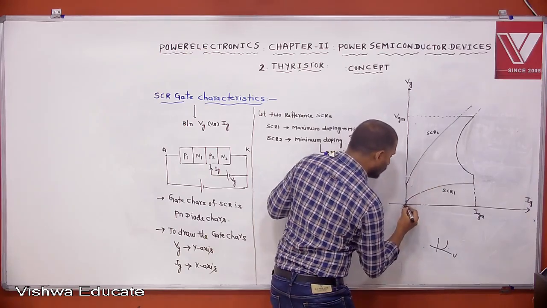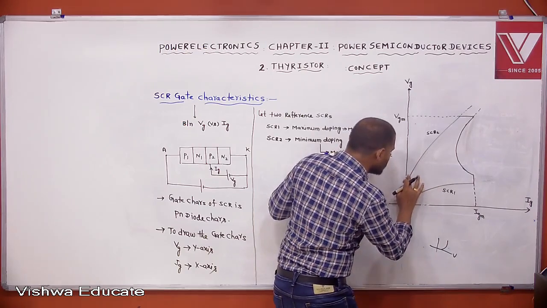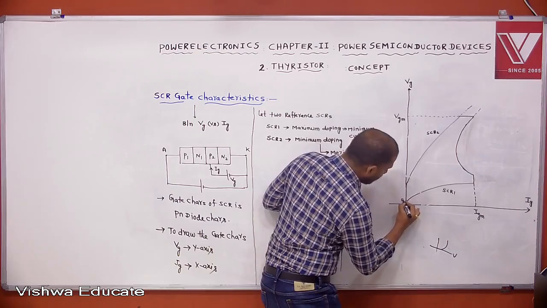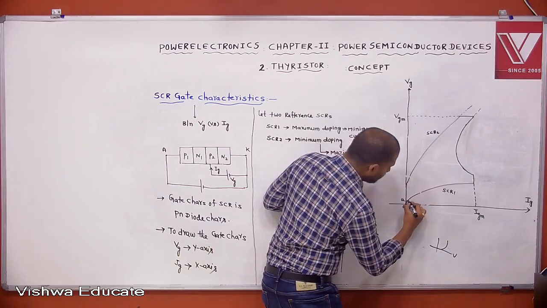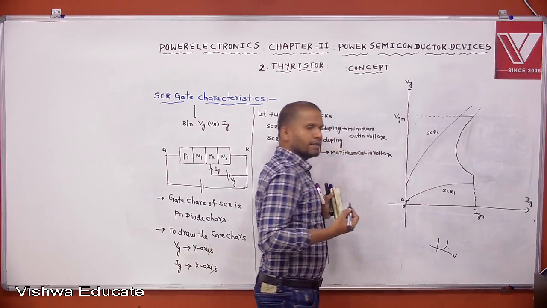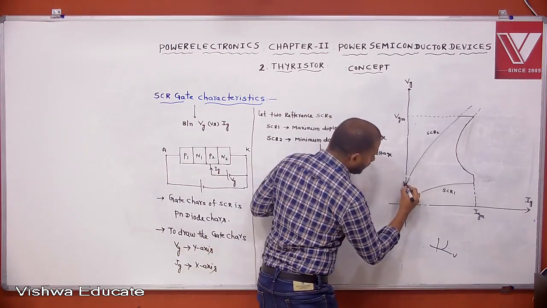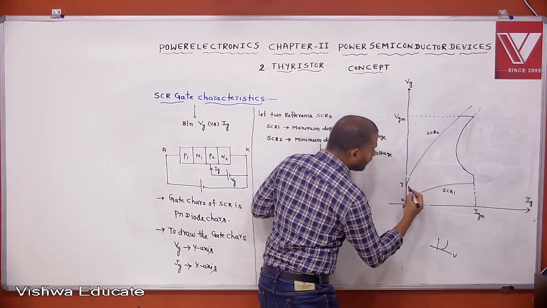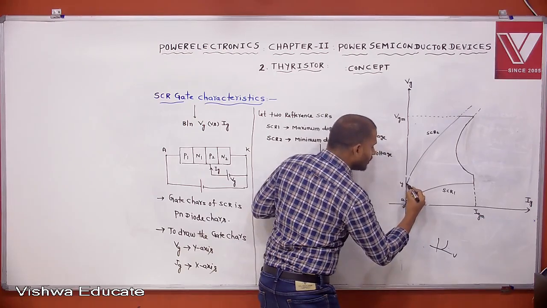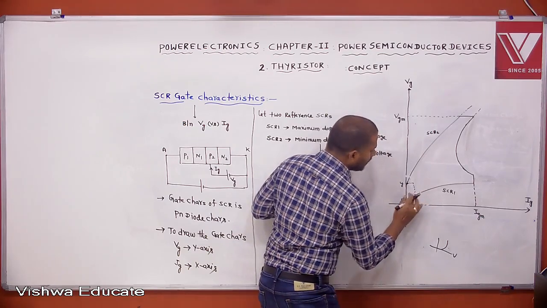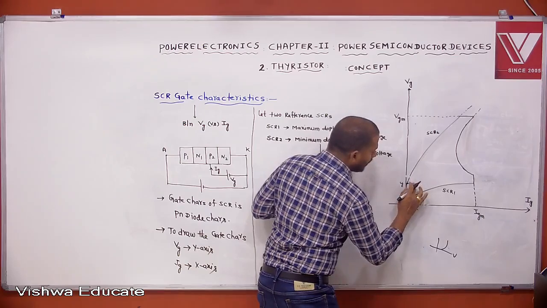This point is O, this point is taken as A, and corresponding to this you take OY. Then you take OX, the touching point.